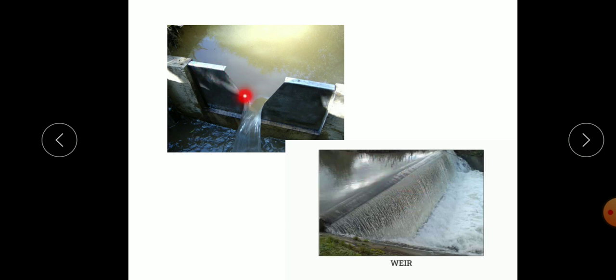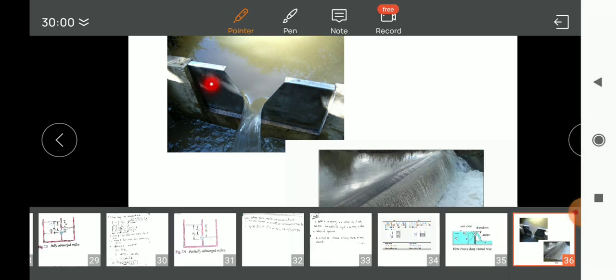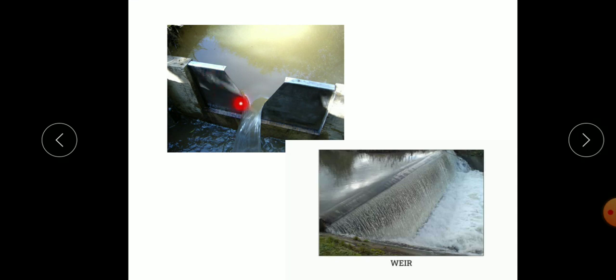A notch is used for measuring small open channels or tanks, where the depth of the water is below the top edge of the notch. Notches are made from metallic parts, and weirs are vertical structures having sharp edges to separate the flow.